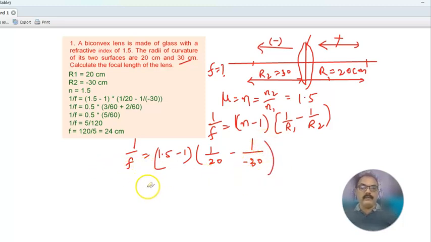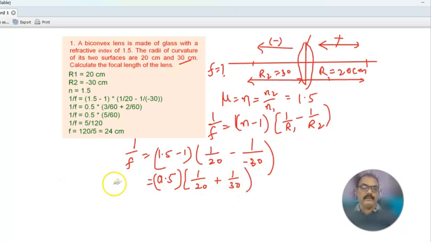After this, solving is very easy. 1.5 minus 1 becomes 0.5, in brackets. Here you can take the LCM, or make minus into minus become plus, so it will become plus 1 by 30.